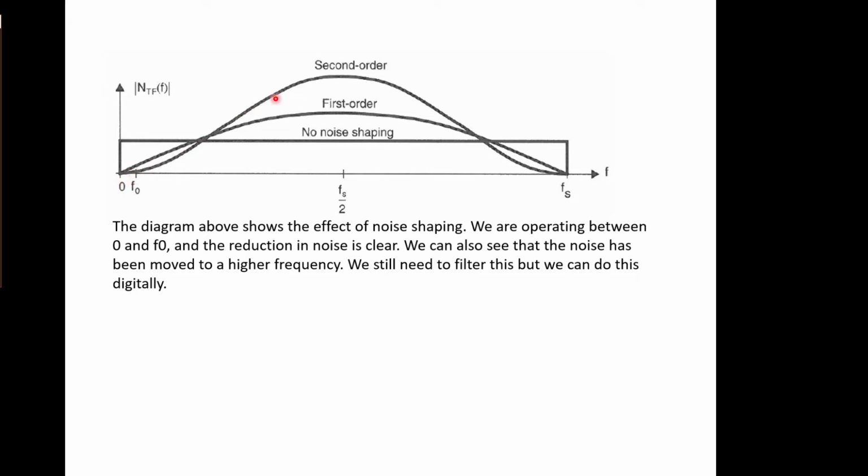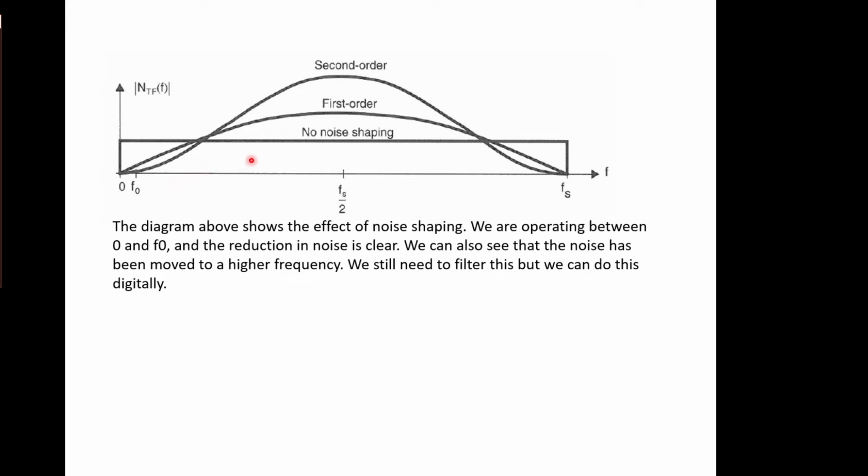And second order, you can see you get a big improvement there as well, because you get this double inflection. So it's quite flat for second order, rises up to a value of, I guess, 4 up here. But if we're only interested in this bit, the noise floor here is very, very low. The noise up here is quite high, but we can filter that out because there's none of our signal in that. And that's a visual representation of how this system works.